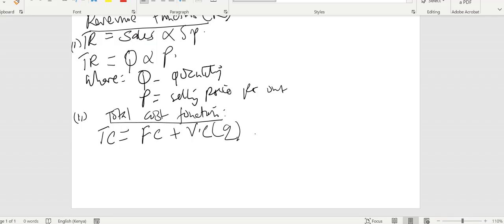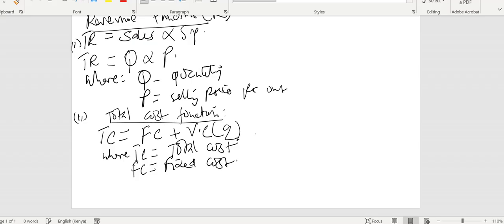So you can indicate here where TC is the total cost, FC is the fixed cost, and VC is what? Variable cost per unit.